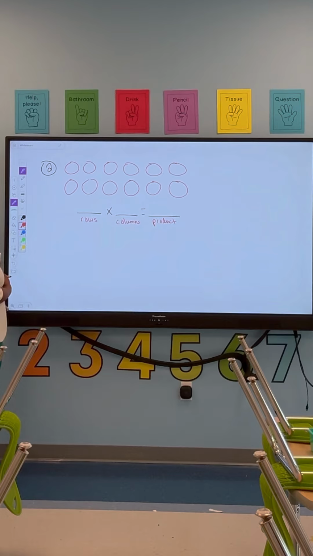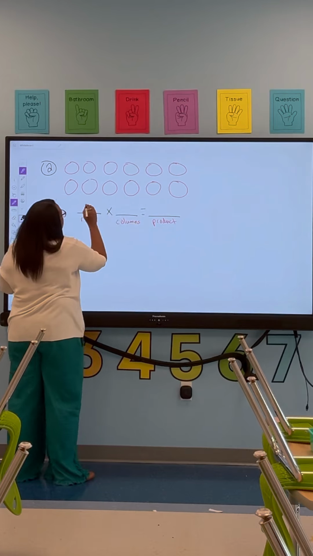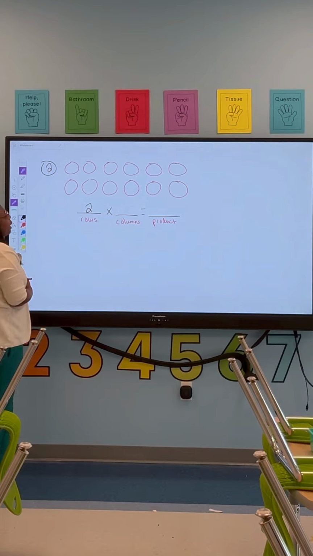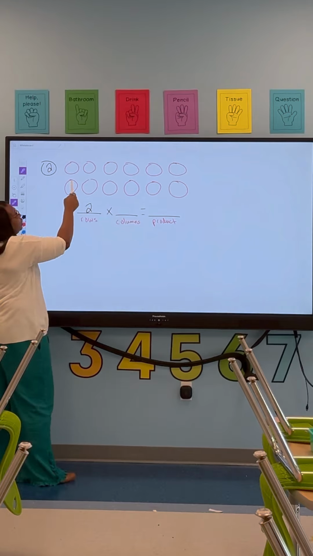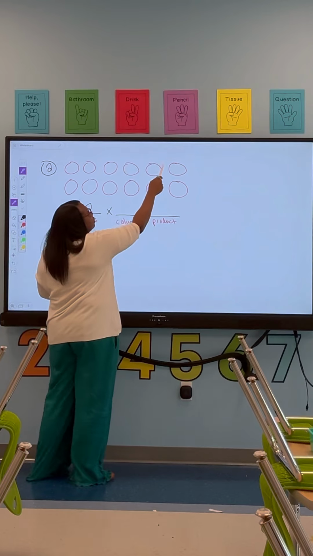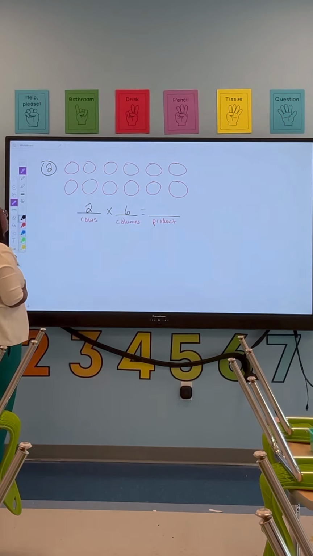So if I look at this, again, we had 1, 2 rows. So this would be 2. Now when I look at my columns, I have 1, 2, 3, 4, 5, 6 columns. So this would be 6. So then I would look to see how many I have all together.